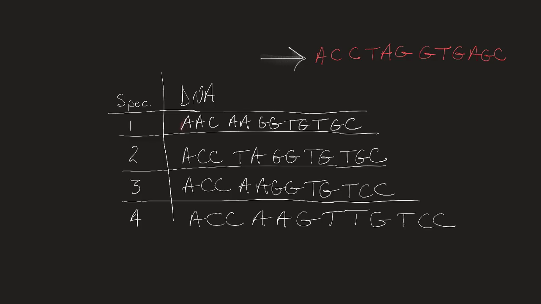So I'm just going to verify your results, all right? So I read ACC as the first three. I see ACC here, I see ACC here, I see ACC here. Already there's one difference here, right? This top one has one difference. That A was different, right? The next series says TAG.